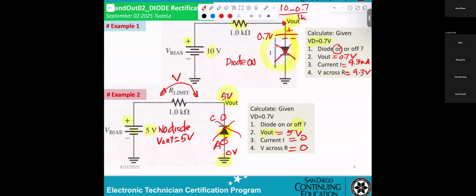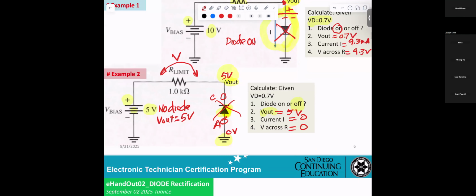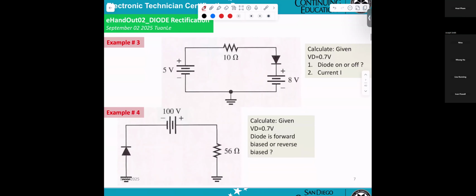By looking at the anode and the cathode, A and C, you know the diode is on or off. If the difference is 0.7 or higher, diode on. If less, diode off. That's the basic definition of the diode.